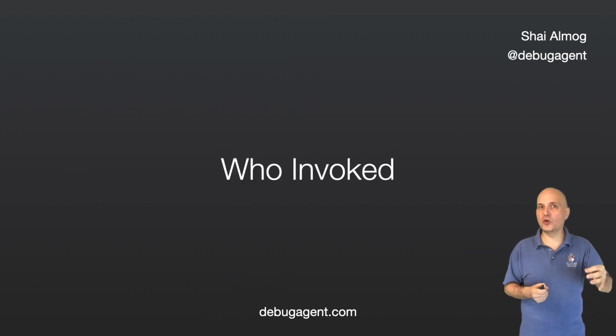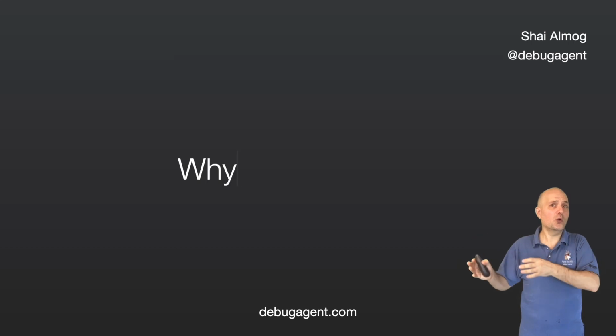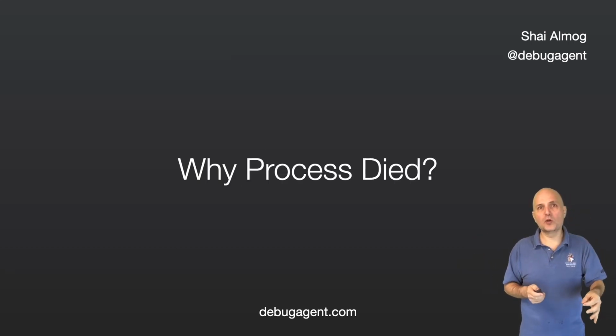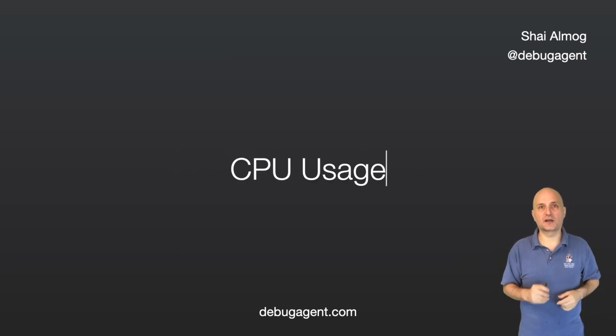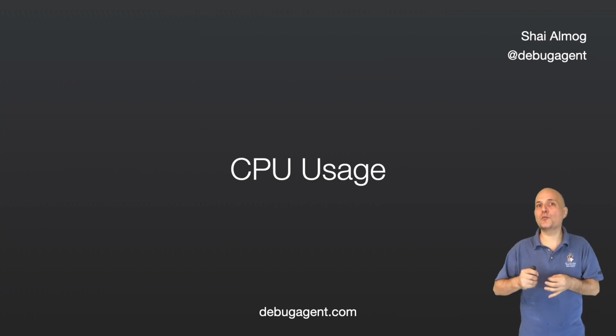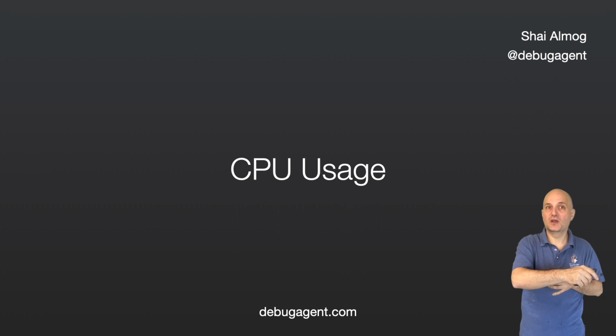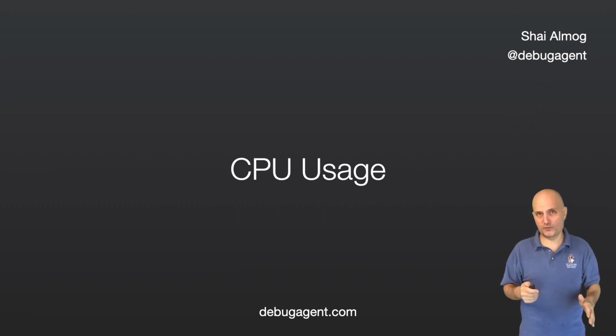Do you want to know who invoked a kernel API and get a stack trace to the caller? Do you want to know why a process died? Do you want to know how much CPU time is spent on an operation? dtrace can answer all of these and so much more.